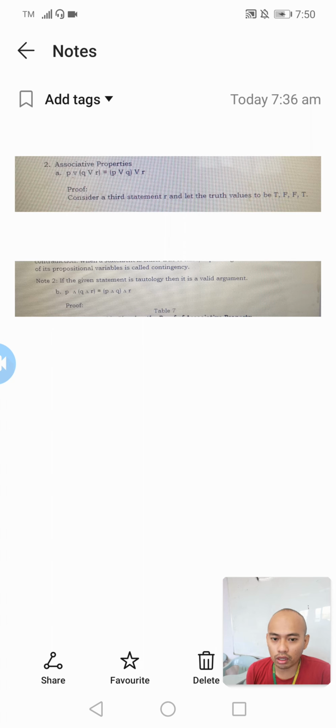For the rule under disjunction, please note that the compound statement P or Q is true if at least one of P or Q is also true.